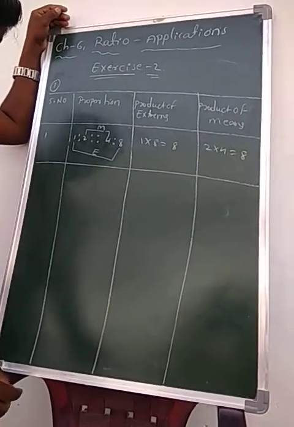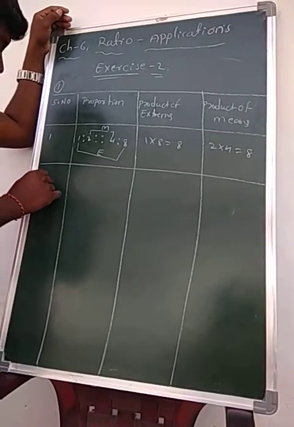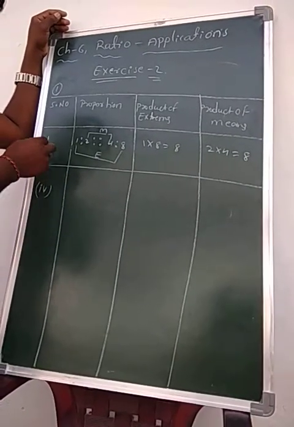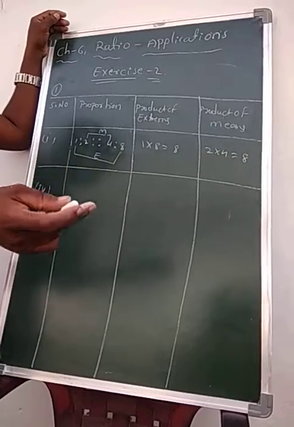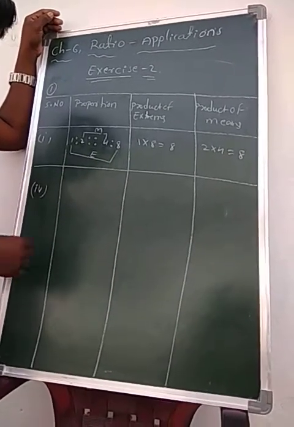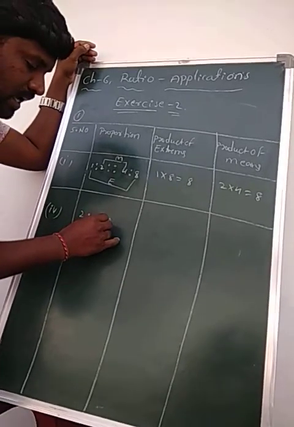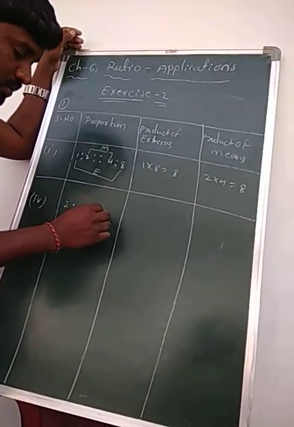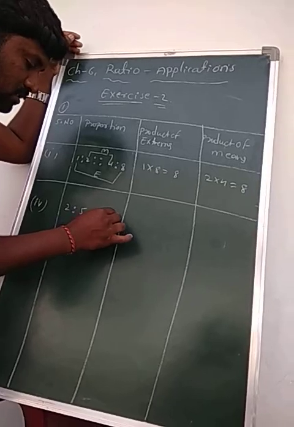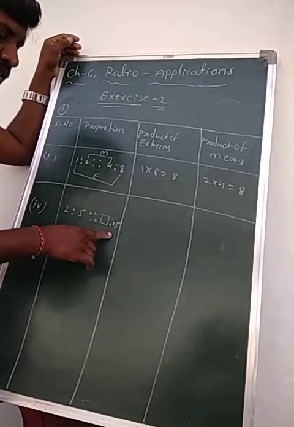Now I am going to say the fourth question for you. Do questions number 2 and 3 as homework. Next, the fourth question is given like this: 2:5 is as, an empty box, is to 15.